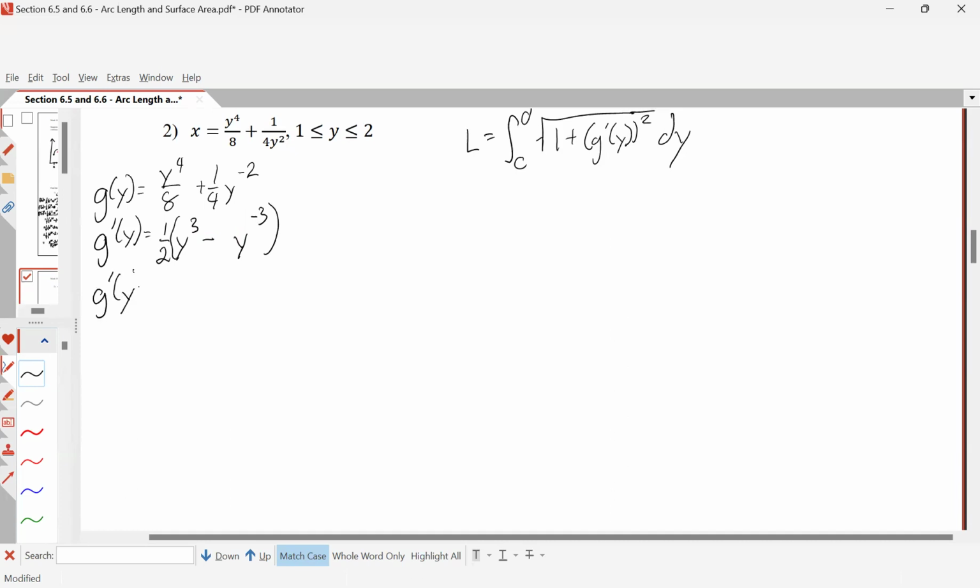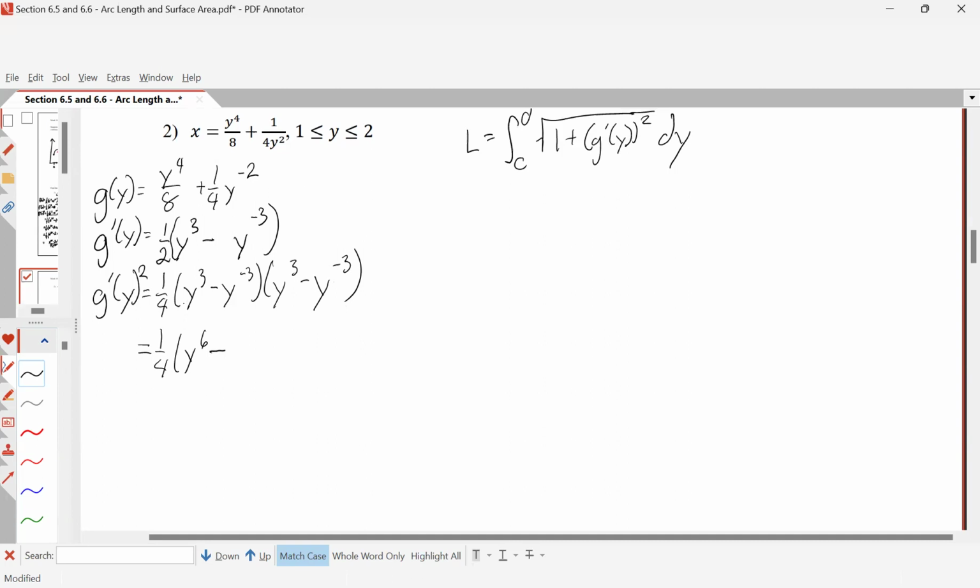Squaring this, just like the last problem, 1/2 squared is 1/4. We have y cubed minus y to the -3 times y cubed minus y to the -3, which becomes 1/4 y to the 6th. Y cubed times y to the -3 is just a -1 for those exponents canceling each other.